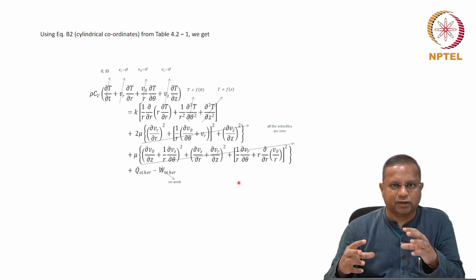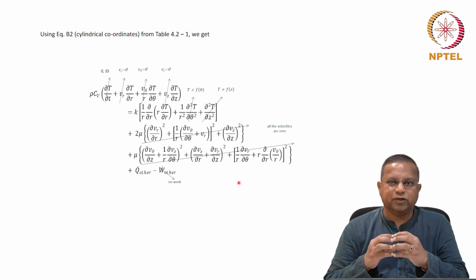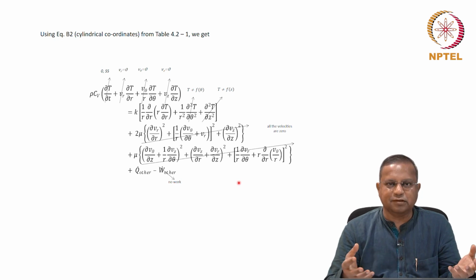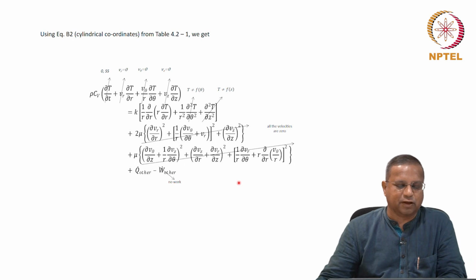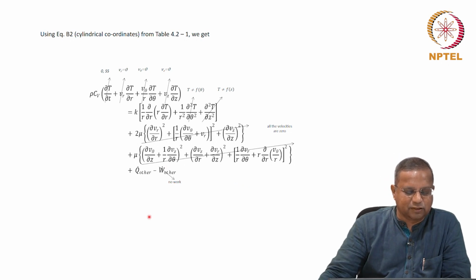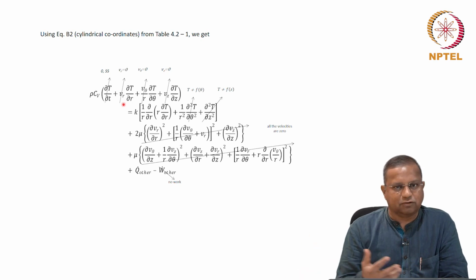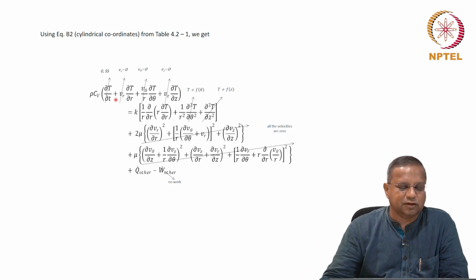So let us see which of these terms are relevant for our case. This balance is certainly relevant. So let's start. We are going to do a steady state analysis, therefore no time derivatives. This first term goes to 0. There is no velocity at all, there is no flow happening here.